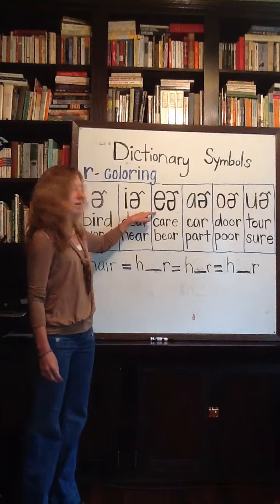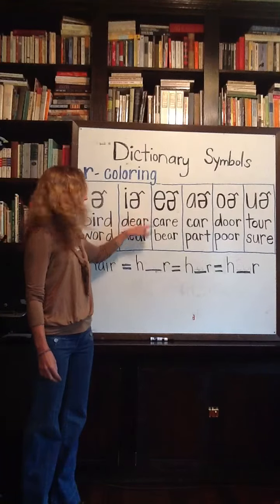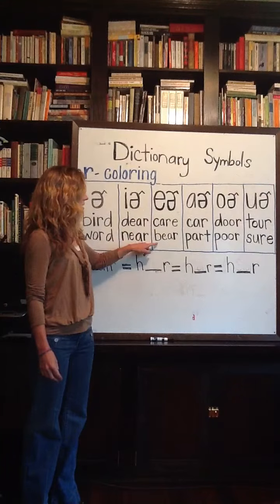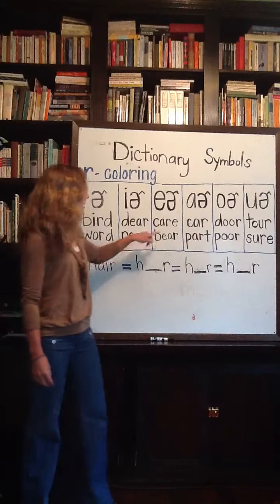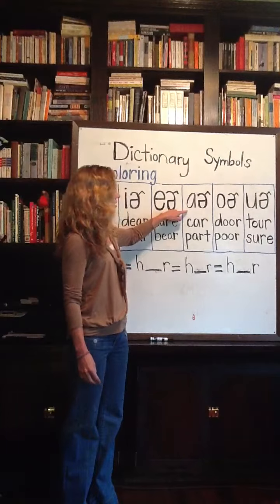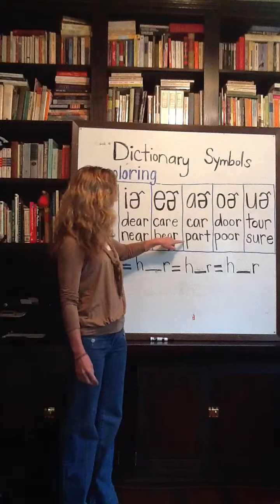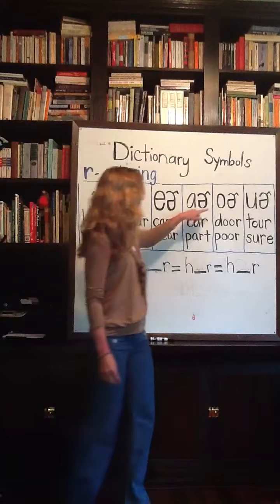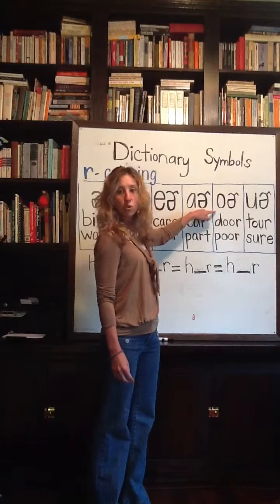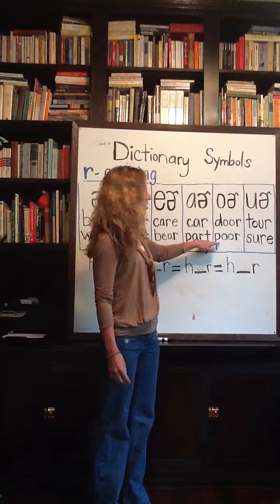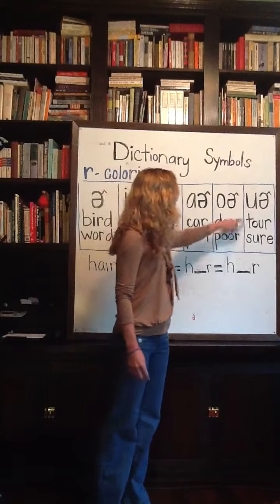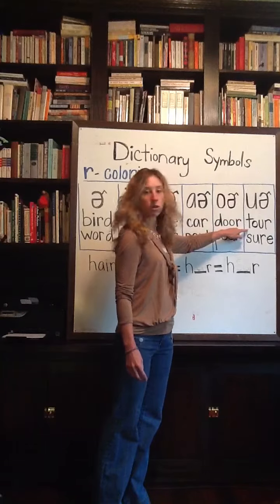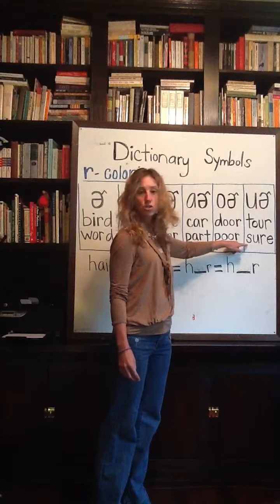This one, the air sound. Care and bear. And how about this one? Car and part, the R sound. And this one, door and pour. And this one, tour and sure.